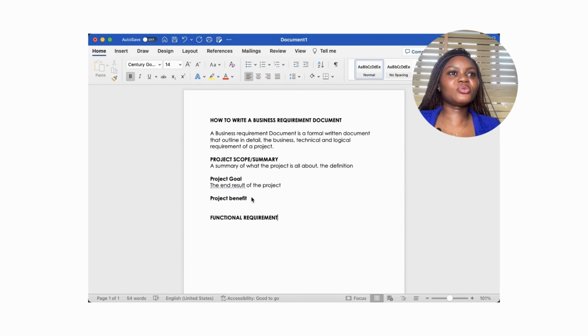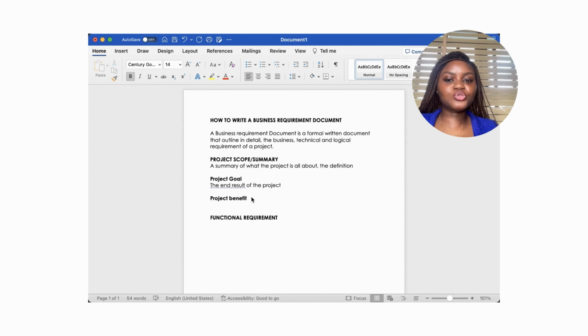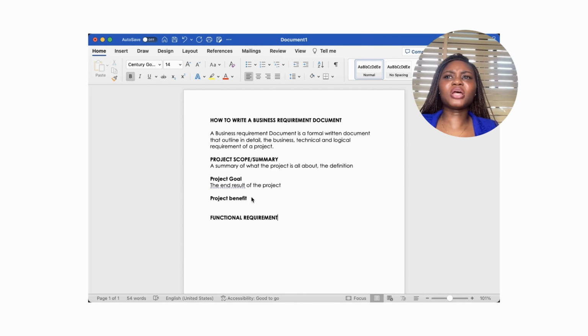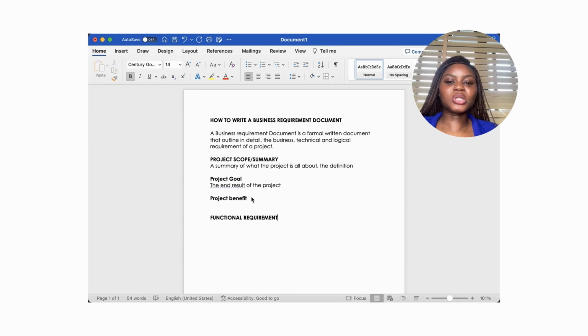Ideally, your functional requirements speak to anything that is required for the system to function, anything that is required for the system to fulfill its objective and its goal. Meaning, if I say something is a payment platform and I want to allow customers to transfer money from Nigeria to the UK, what do you think my functional requirement should be?